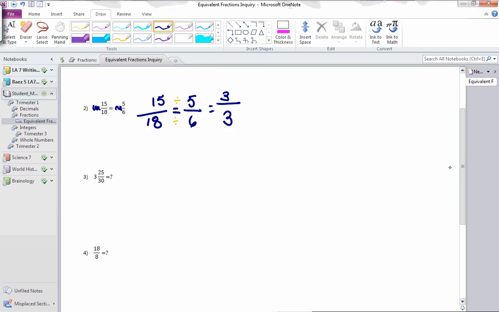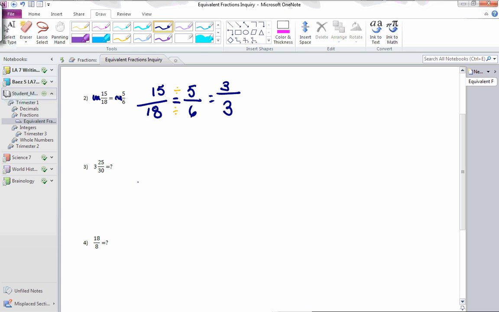Now for this problem where you have to figure out what we're going to do, you just find a number that both of them can be divided by, and you'd get the answer. So 3 and 25 thirtieths equals, I'm just going to put 3 and something because you're going to keep 3 on both of them.